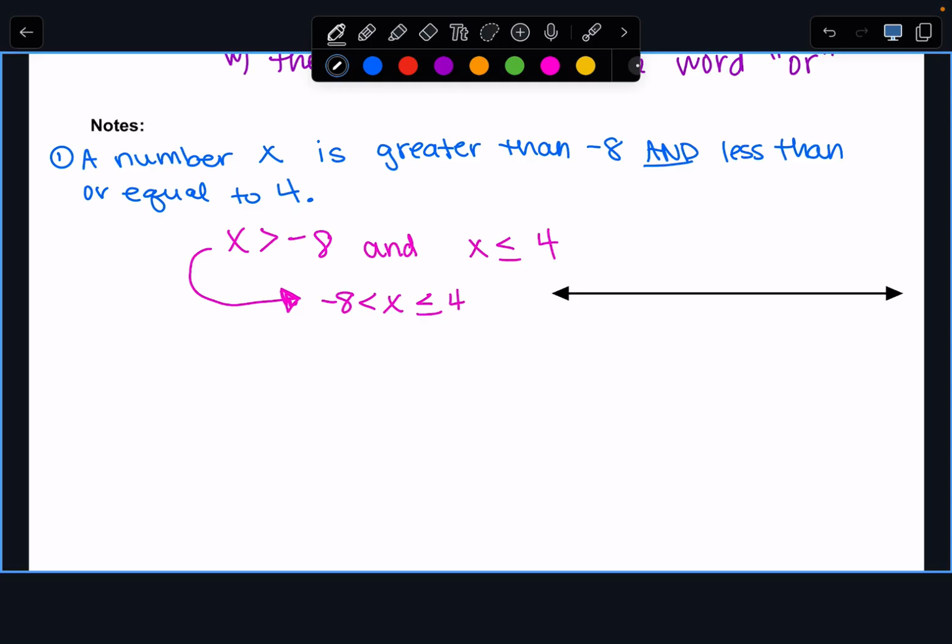Okay, not one or the other, but both of them.